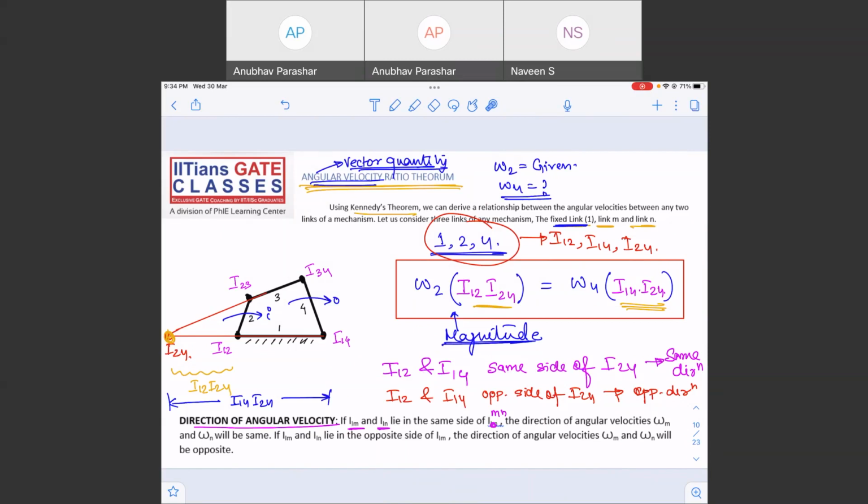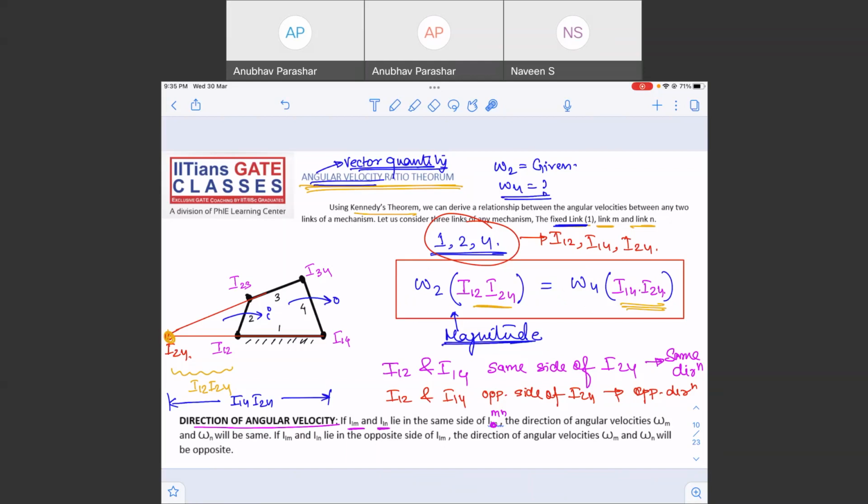In that case, the direction of angular velocity omega 2 and omega 4 will be the same. If omega 2 is clockwise, omega 4 will also be clockwise. If omega 2 is anti-clockwise, omega 4 will also be anti-clockwise.